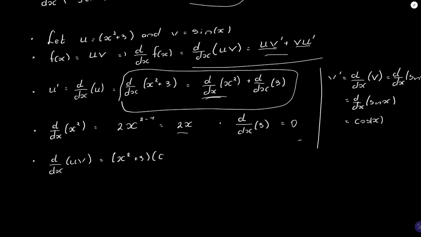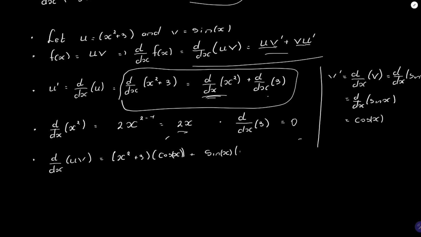What is dv? cos x. Plus what is v? Sine x, and what is du? du is 2x plus 0. So this gives us cos x times x squared plus 3, plus 2x sine x.